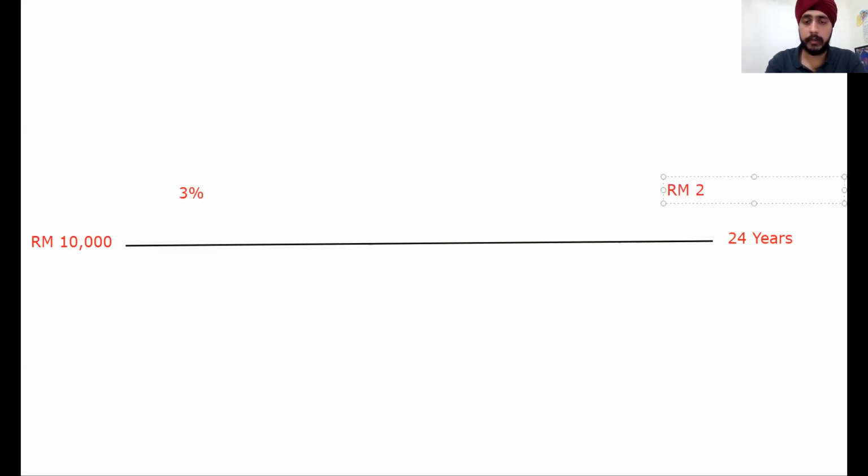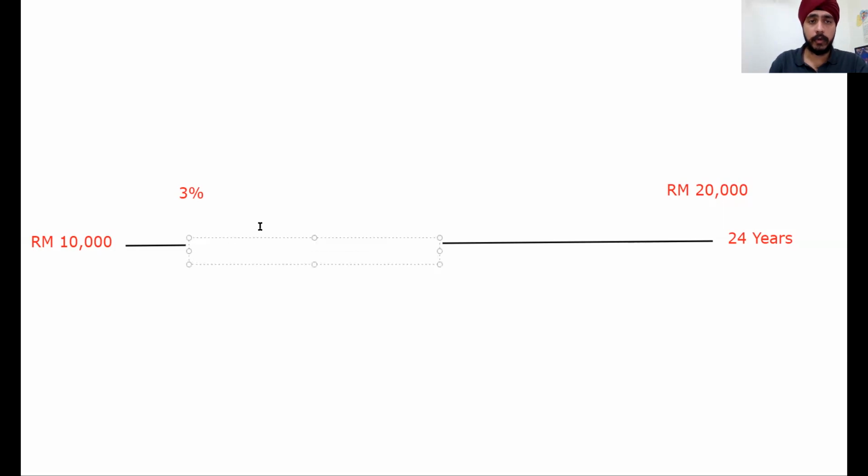Now let's look at the magnitude of the difference. So far so good, right? 10,000 at 3% in 24 years makes about 20,000. Now let's look at increasing it into mutual fund savings, like unit trust savings. We double up every 8 years.